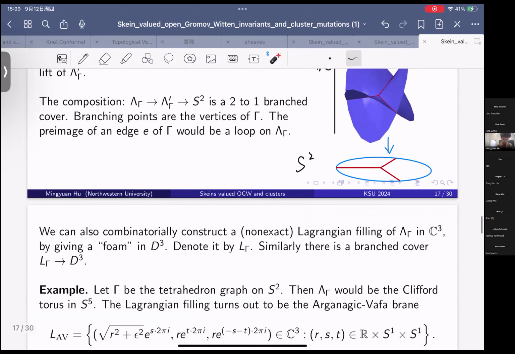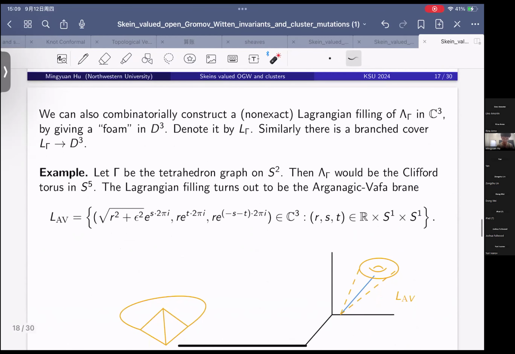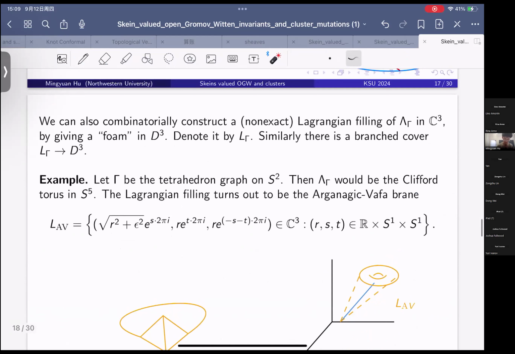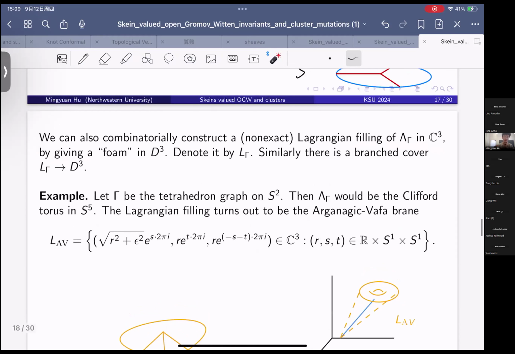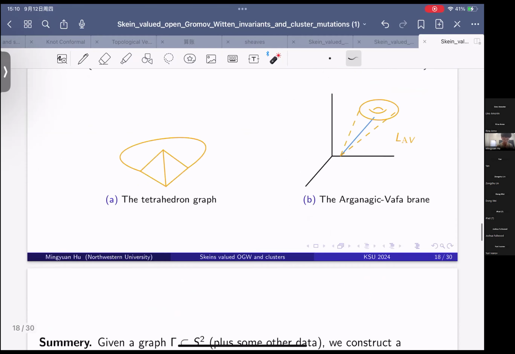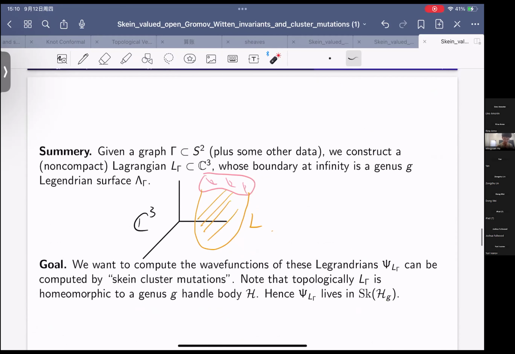And maybe I'll be a little bit vague here. Similarly, by some combinatorial way, you can construct a Lagrangian filling. It's a branched cover over D3, because D3 is a filling of S3. So when restricted to the boundary, it's the Legendrian we just constructed.